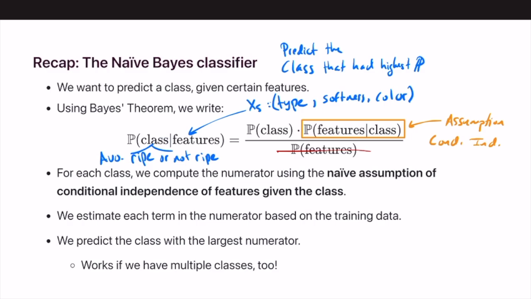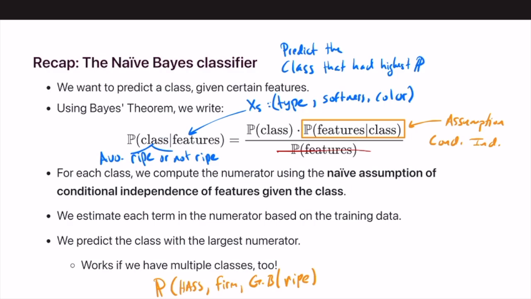And we also saw that we could do this for both a feature or multiple features. So for example, I believe we had the probability of, we'll just say Haas, firm, and green black, given that the avocado was ripe.